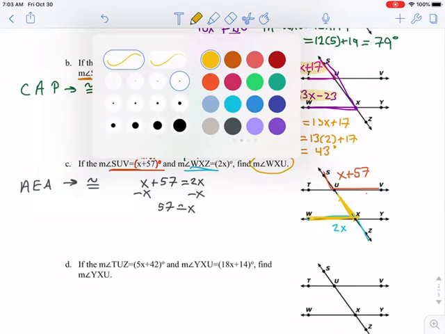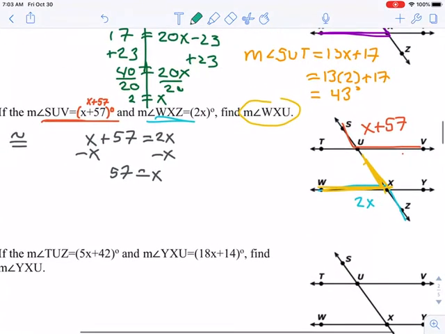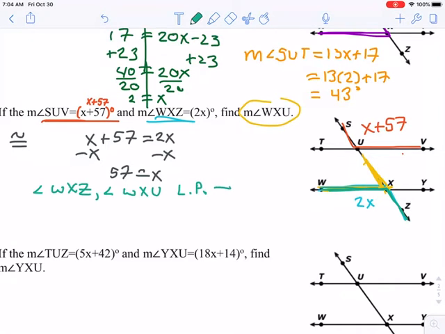I'll be very tedious. You don't have to be this tedious on the test, but you'll still be doing the same calculations. I'm going to say, hold up. I can find this angle right here, and it forms a linear pair. Angle WXZ, which is this angle again, and angle WXU, which is what we're finding, form a linear pair, so they're supplementary.